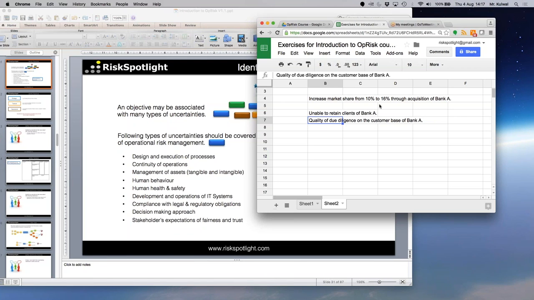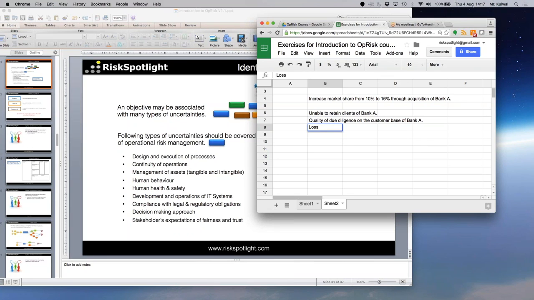We want to make sure that they actually have the customers they are saying, because if they're saying they have so many customers, and when we acquire they don't have as many customers as they were saying, we may be able to acquire, but we won't get the market share. So the quality of due diligence, because that's a process element of that acquisition, could be classified as an operational risk.